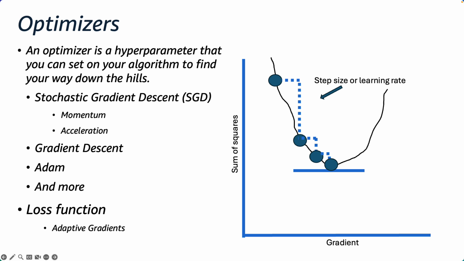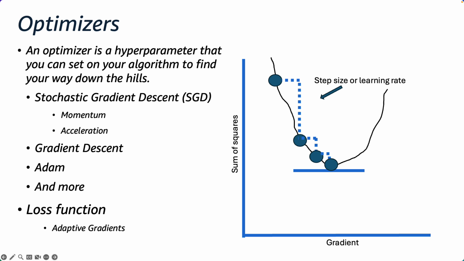What can we do? We can add optimizer values into the stochastic gradient descent algorithm called momentum and acceleration. This helps the algorithm keep tabs on the direction it is stepping and the overall momentum of the movement.